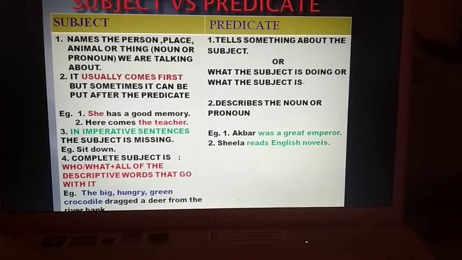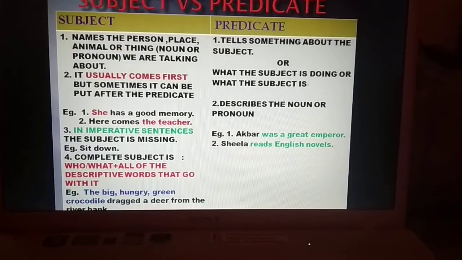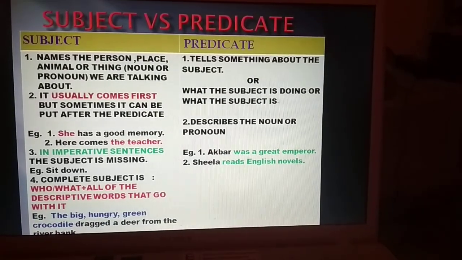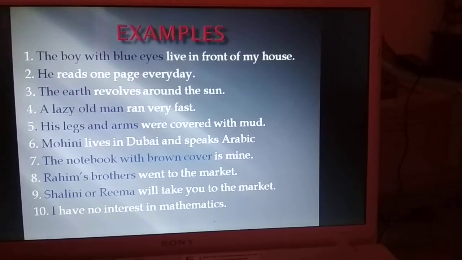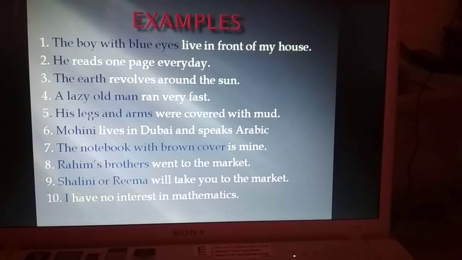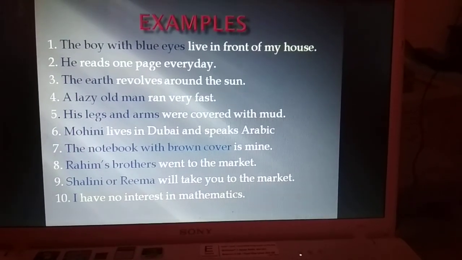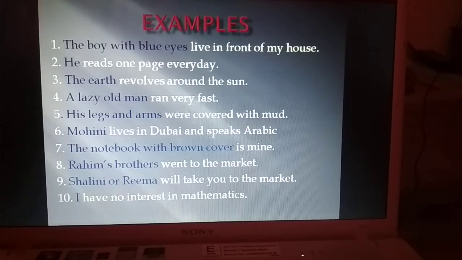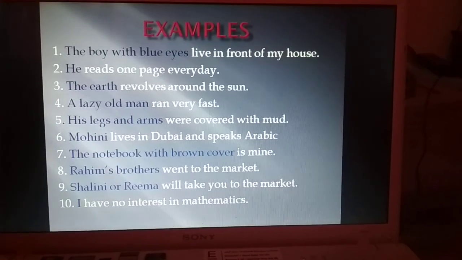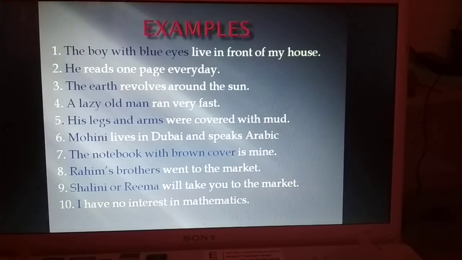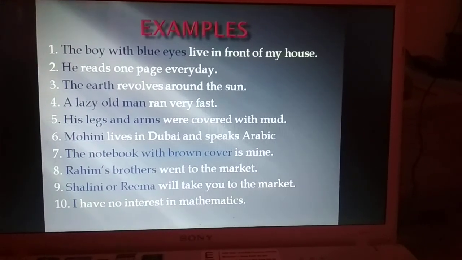Now to make it more clear, let's do some examples so that it will be easy for you to identify the subject and predicate. So let us take our first example. The boy with blue eyes lives in front of my house. Okay. So here our subject is the boy with blue eyes.